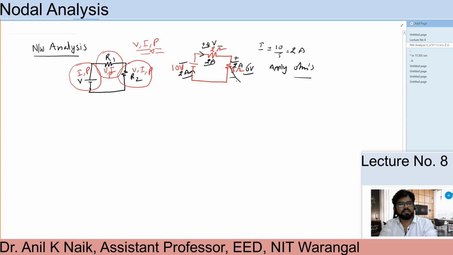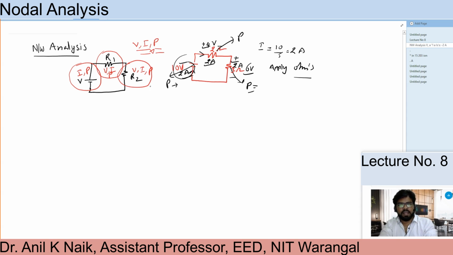Once we have these parameters, you can write the power at each element, and also the power supplied by the source. Those kinds of analysis can be done.